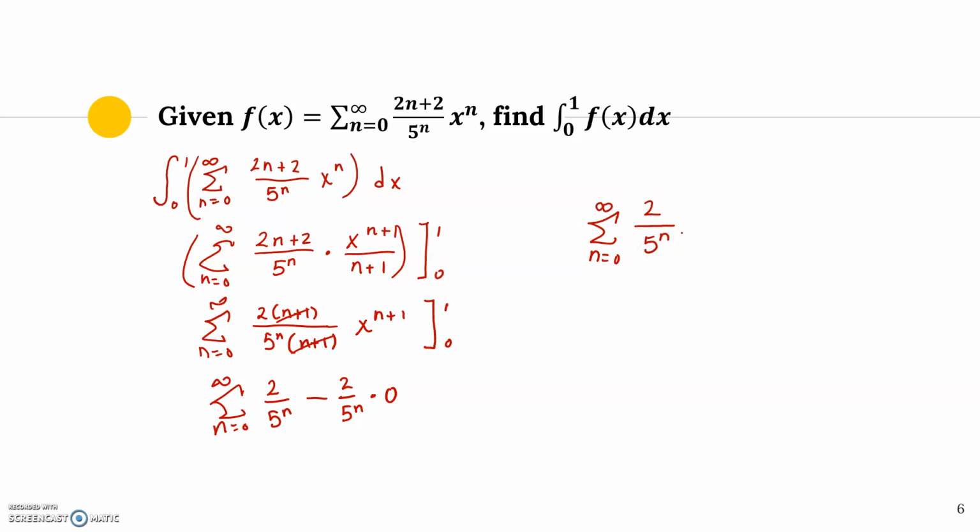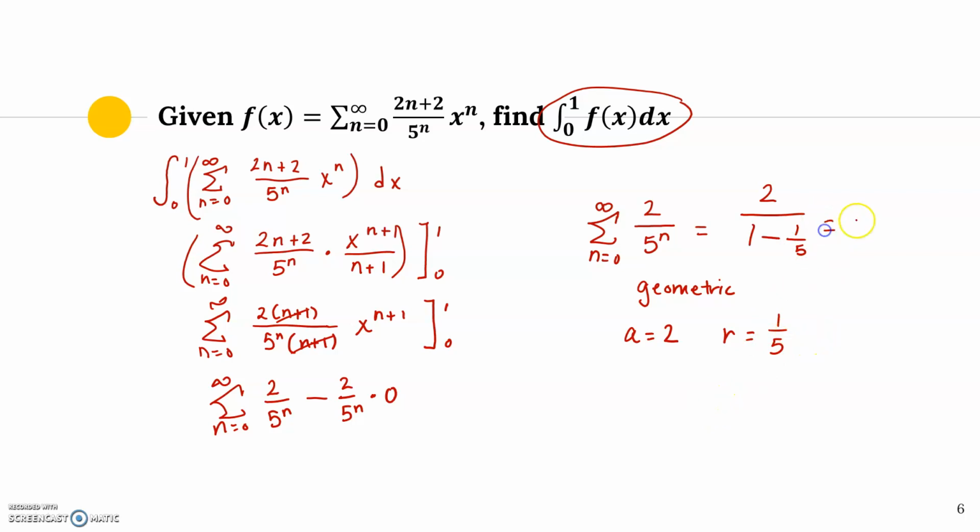And luckily, because I was asked to evaluate this integral, this is a geometric series. It's geometric, and the first term is 2, because if I plug in 0, I get 2 over 1. And the common ratio is going to be 1/5. So I can evaluate my integral because it would be 2 over 1 minus 1/5.